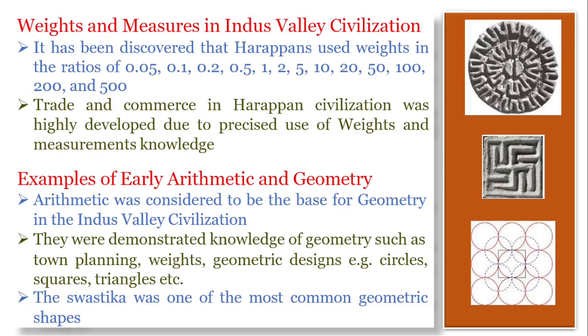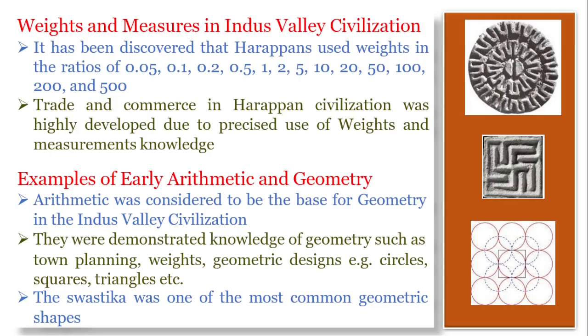Mathematics also shows in that civilization in mensuration systems, that is, the measurements that they had. So they measured weights, they measured lengths. Bronze rulers were found at the excavation sites.